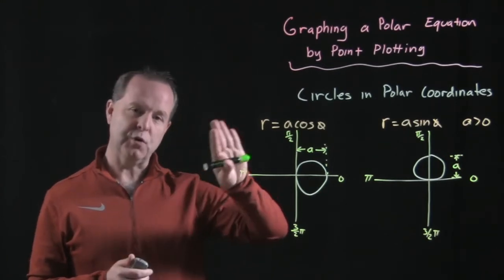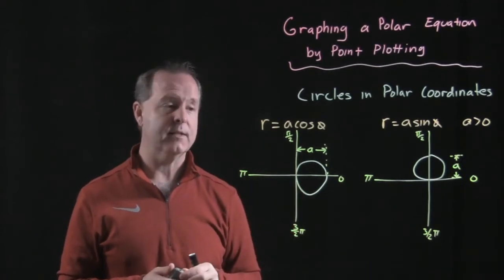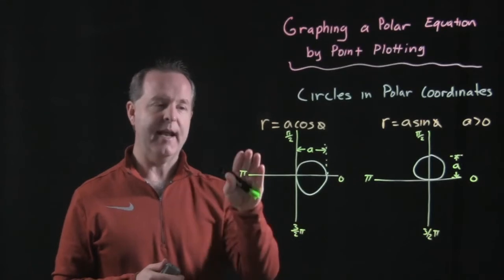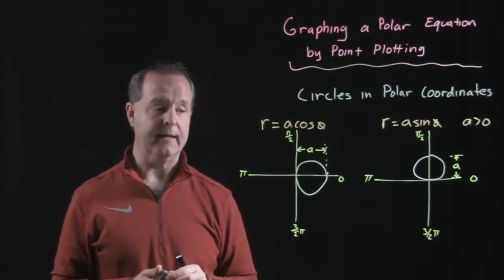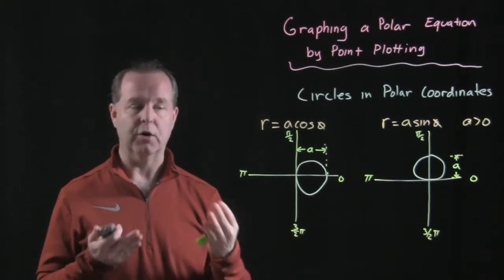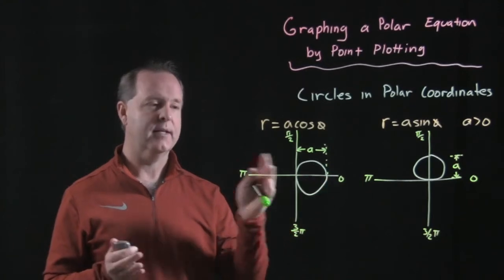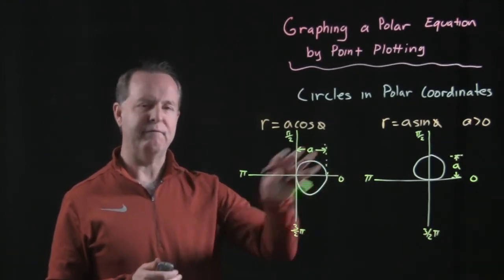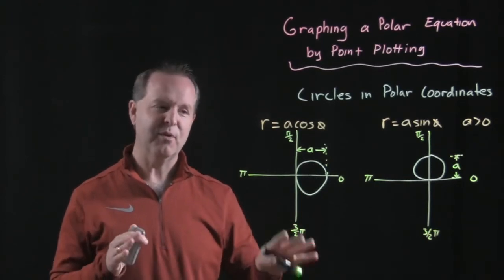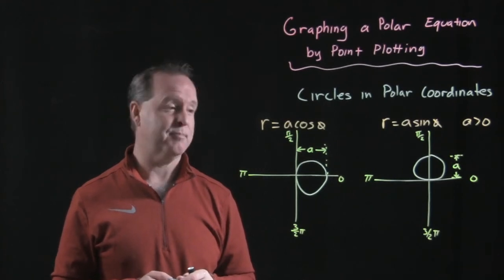Now, if I take that circle and flip it over so it butts up against the vertical axis, or the line theta equals pi over 2, then I have r equals a cosine theta, where again a represents the diameter of that circle. So we will see circles in polar coordinates, and we'll typically see patterns that follow along those lines. We're going to introduce a lot more, but we just want to start to get a feel of what we're beginning to learn, explore, and see.